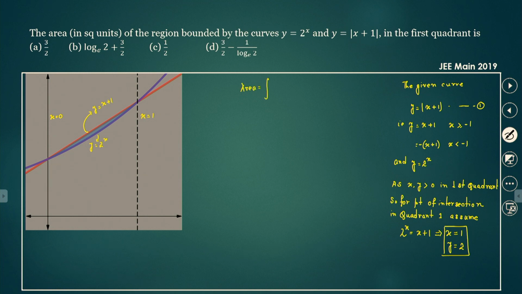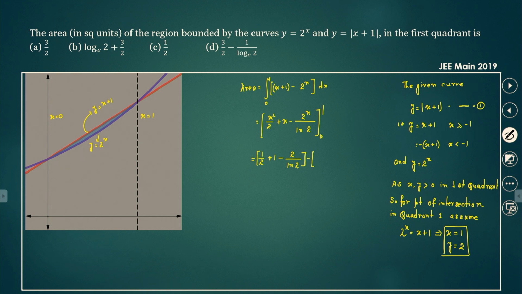is equal to the integration from 0 to 1 of x plus 1, the straight line, minus 2 to the power x, dx. Now this is a very straightforward integration. So we get x squared divided by 2 plus x minus 2 to the power x divided by ln 2. These are all standard formulas. Now substitute: 1 by 2 plus 1 minus 2 to the power 1 divided by ln 2, I substitute the value of 1.